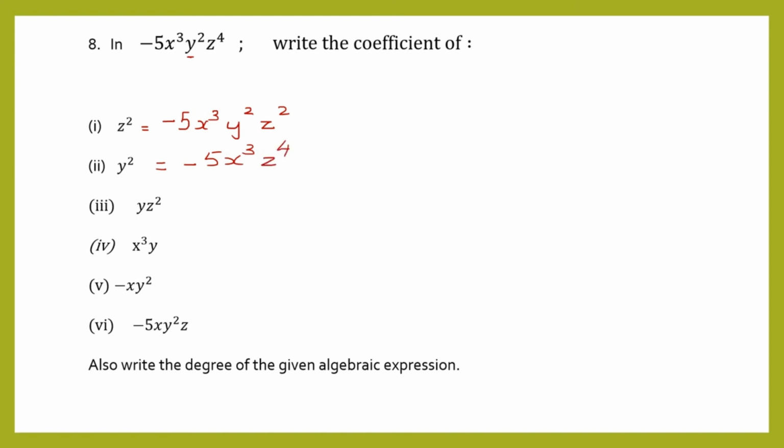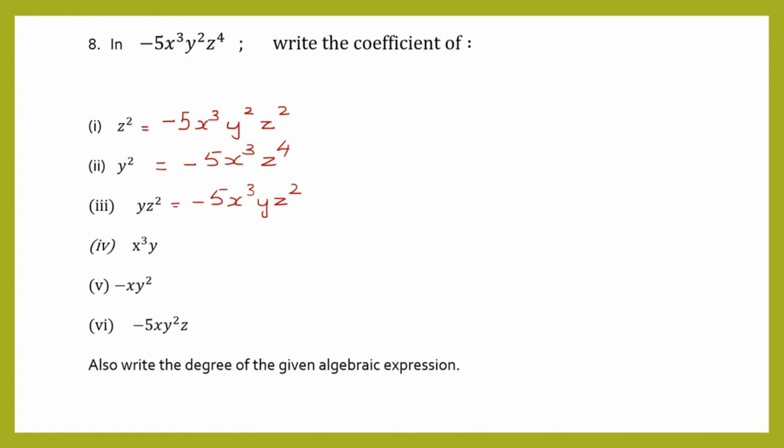Okay, now we'll go on to the next one. That is yz square. So I'm going to take off 1y and I'm going to take off 2z. So let's write the remaining. Minus 5x to the power of 3. Y, there's only 1. I need not write y to the power of 1. And z, I'm going to remove 2. So it becomes 2. Okay.